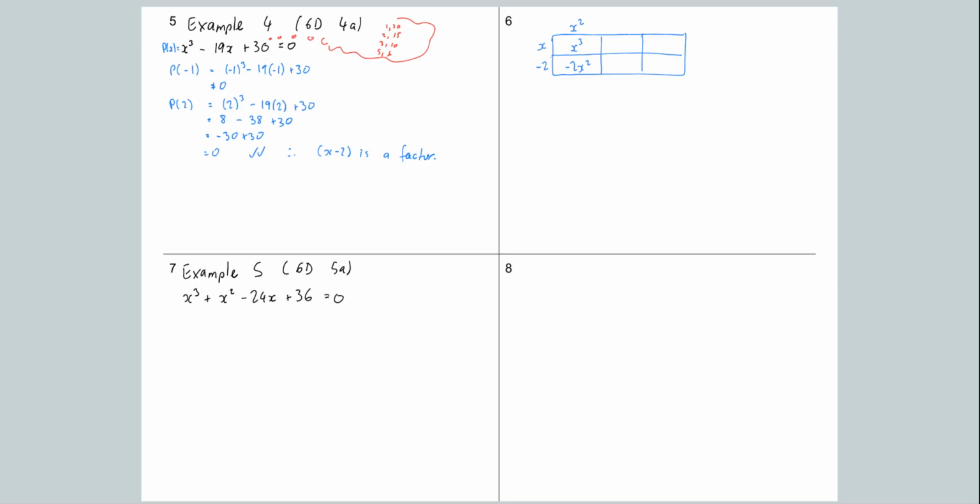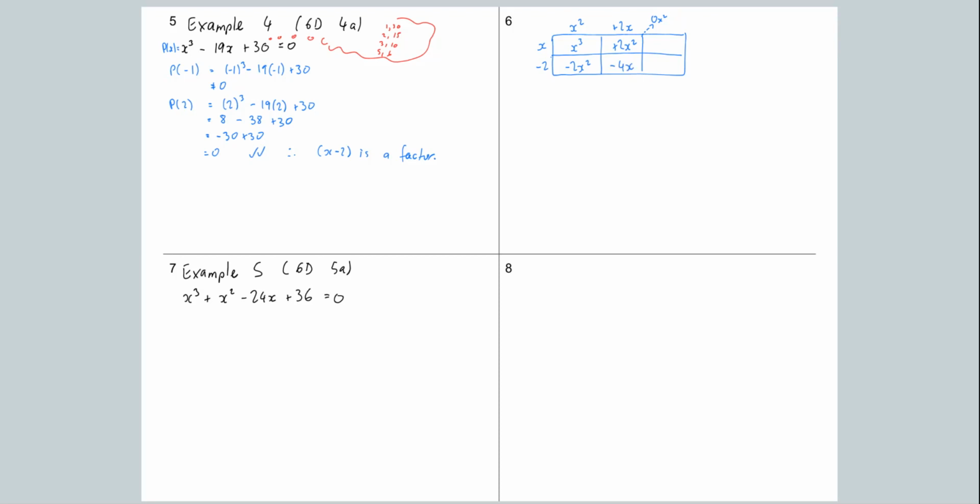Looking at the diagonals there, if you have a look at the original equation, it's x cubed and minus 19x. There are no x squareds. Artificially, that means I've got a 0x squared that I need to aim for. So to get from negative 2x squared to 0x squared, I'm going to have to add 2x squared. Just the opposite. Now I'll fill up the top there. So x times positive 2x equals 2x squared. And now I'll fill the bottom box up by saying minus 2 times 2x is minus 4x.